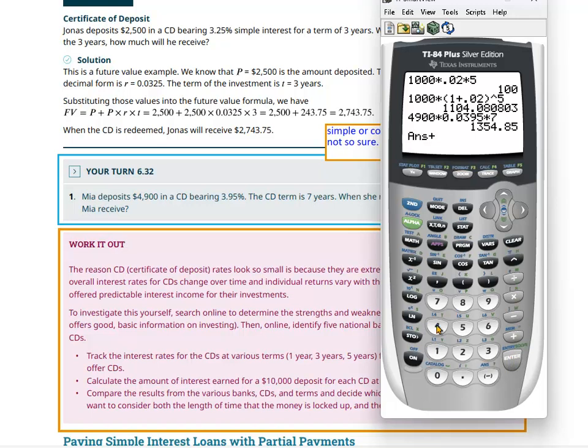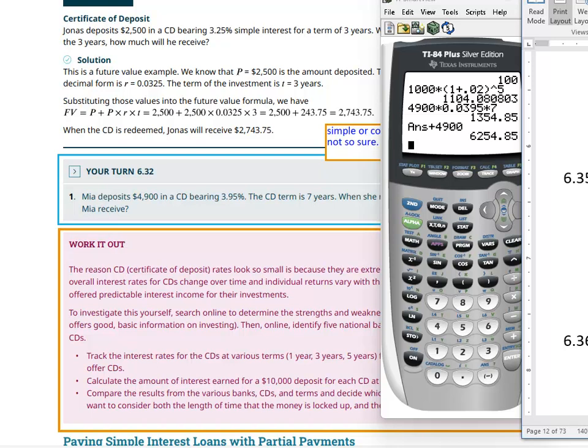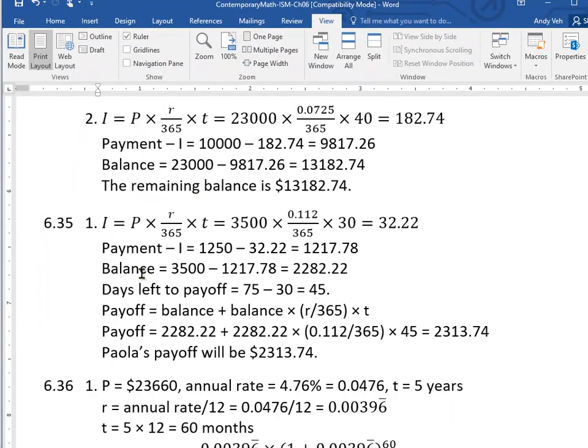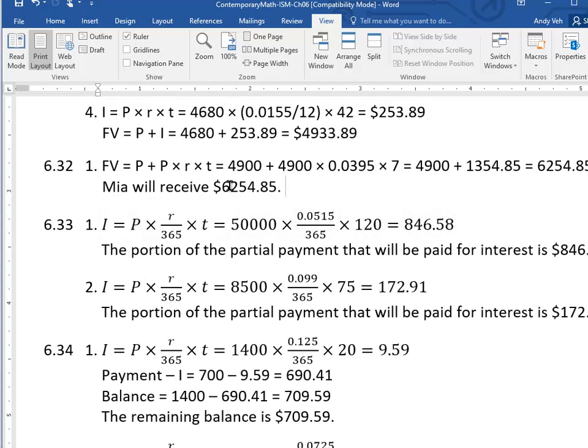So I add that to the 4,900, so I should get $6,254.85. And I looked at the solution manual, which is this one here, and there we go, $6,254.85. That's exactly right, what I did in the calculator.